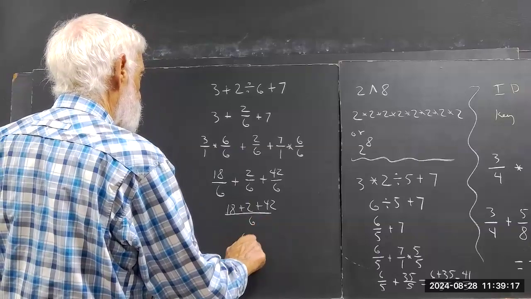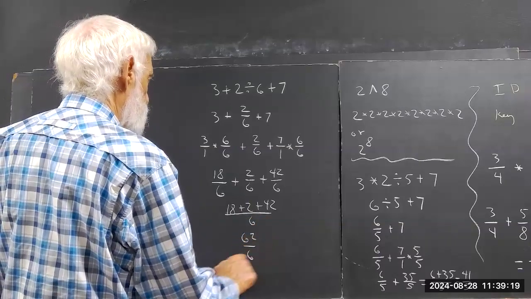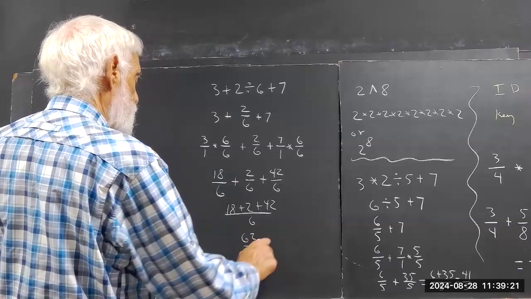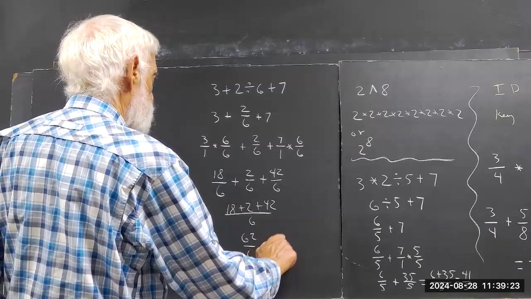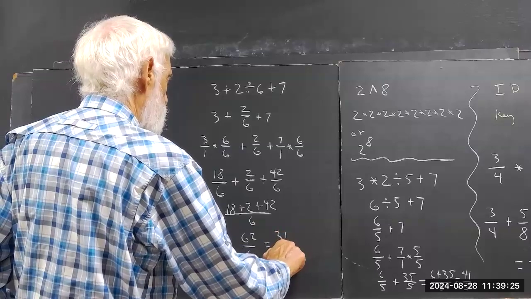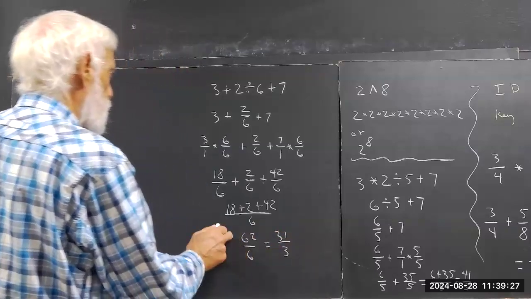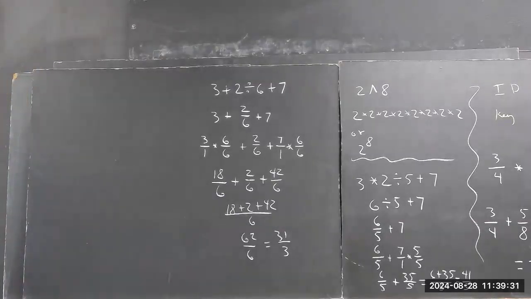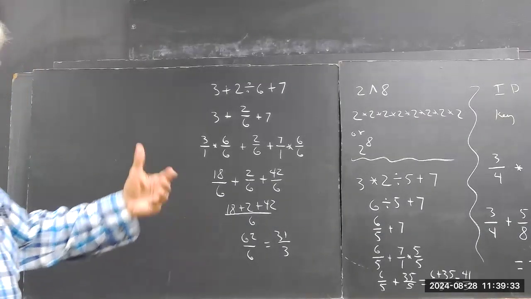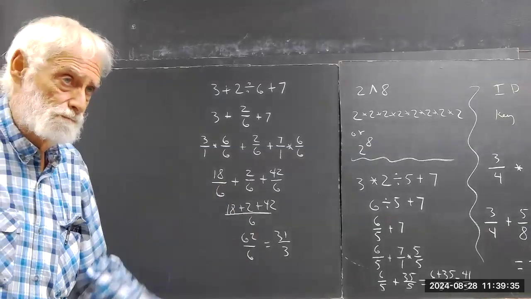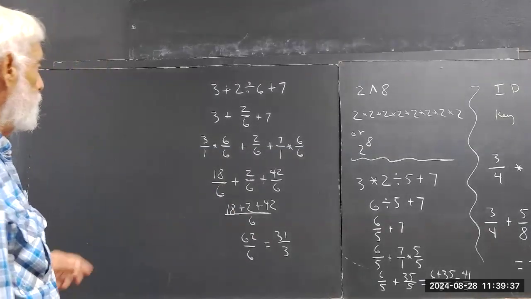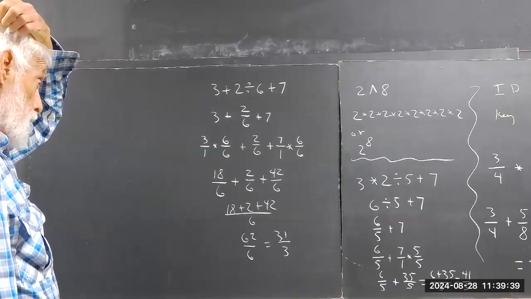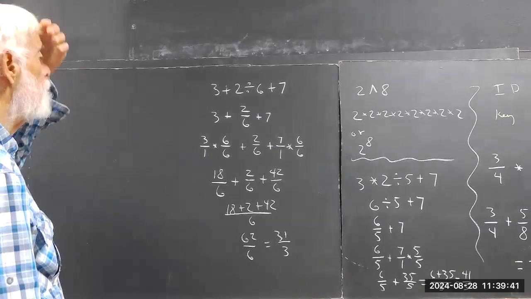And that's 62 over 6. And that equals 31 over 3, because we can divide both the numerator and denominator by 2. Okay. Now, if you're a little rusty on that, the assignment will get you up to speed. Okay, let's try this now.